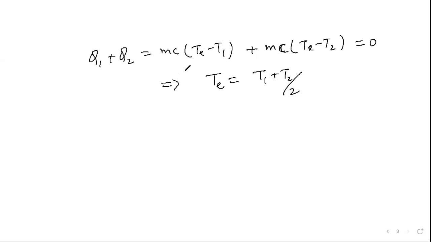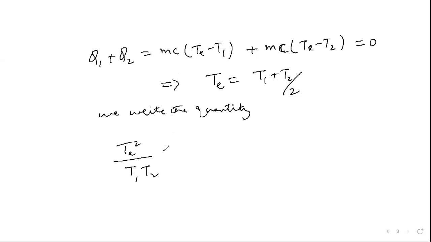Now we write the quantity Te square by T1 T2 as, we can write Te square by T1 T2 equal to (T1 plus T2) square by 4 T1 T2.